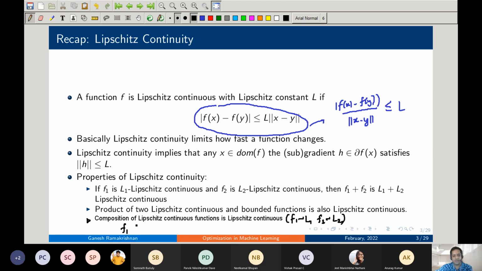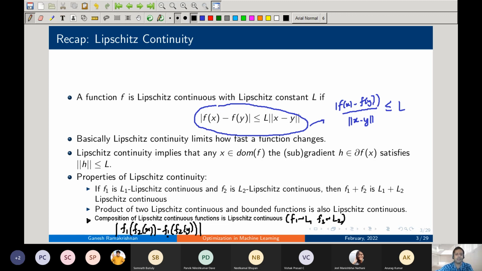Then you look at F1 of F2 of x minus F1 of F2 of y, the absolute value of the difference.